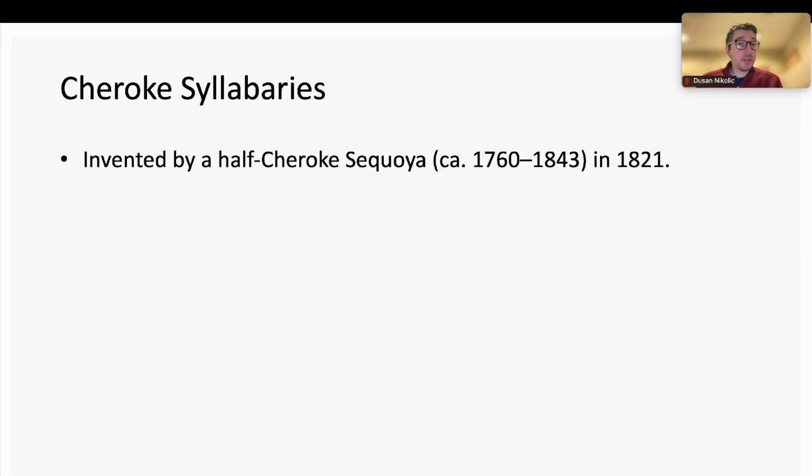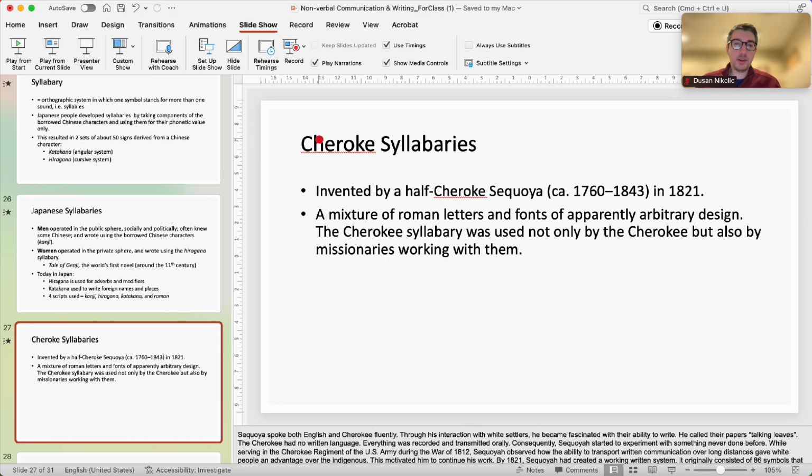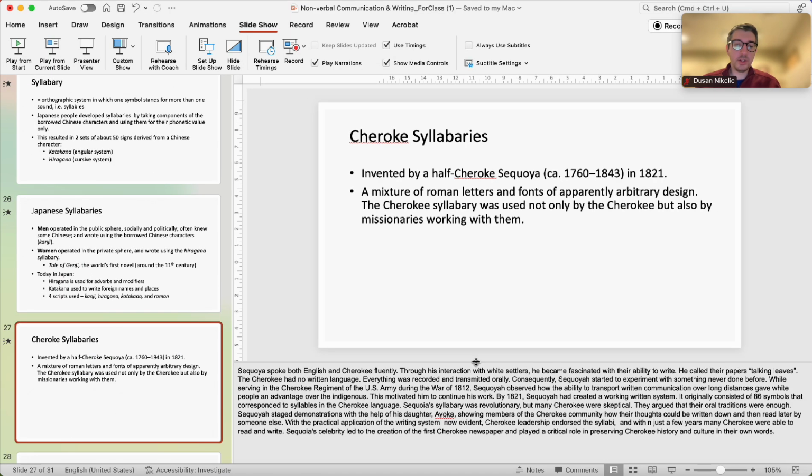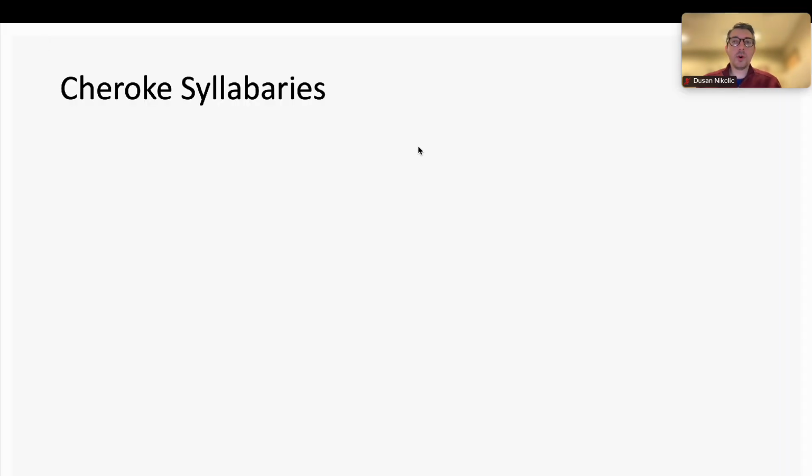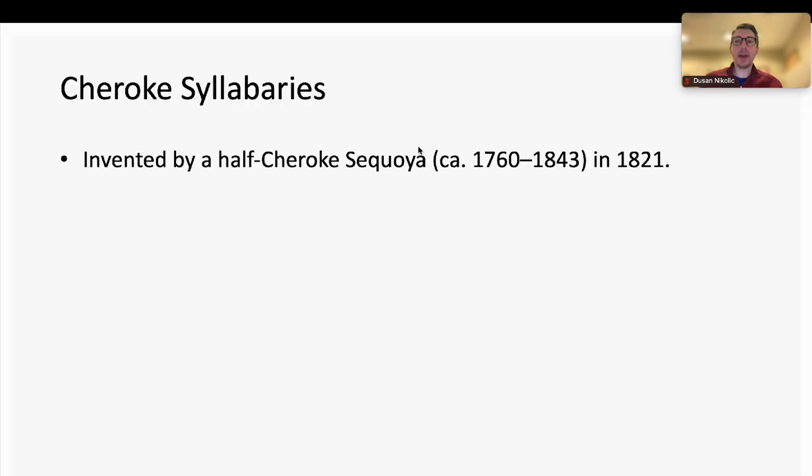Then there is the Cherokee syllabary, invented by half-Cherokee Sequoia. There is a nice story about Sequoia in the notes, so you can read about it. Sequoia met missionaries from Europe, and he was impressed with their alphabets.